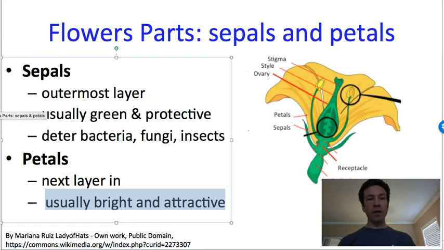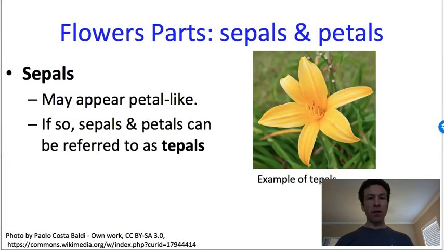Now we're going to add in here a new term that you may have seen already in laboratory, and this is when the sepals and petals look very similar to one another. So the petals still look like normal petals. Those are the three larger ones in this photograph. But you can see that the sepals, which are the three smaller ones back here, in this case, instead of being green and protective, are brightly colored and attractive.